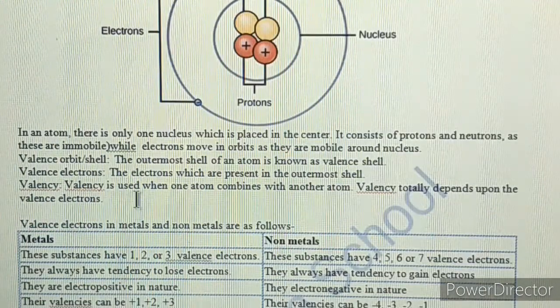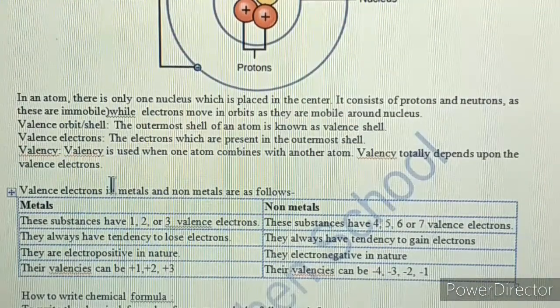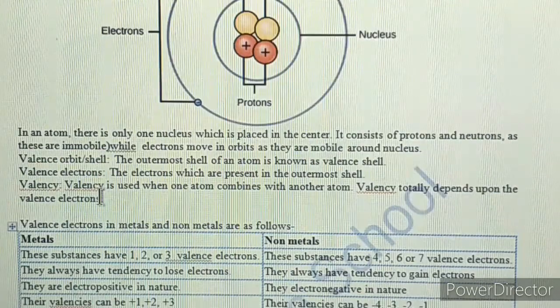Now from here we'll get the difference between metals and non-metals. What is the main difference? Metals have 1, 2 or 3 valence electrons in their outermost shell. What are valence electrons?